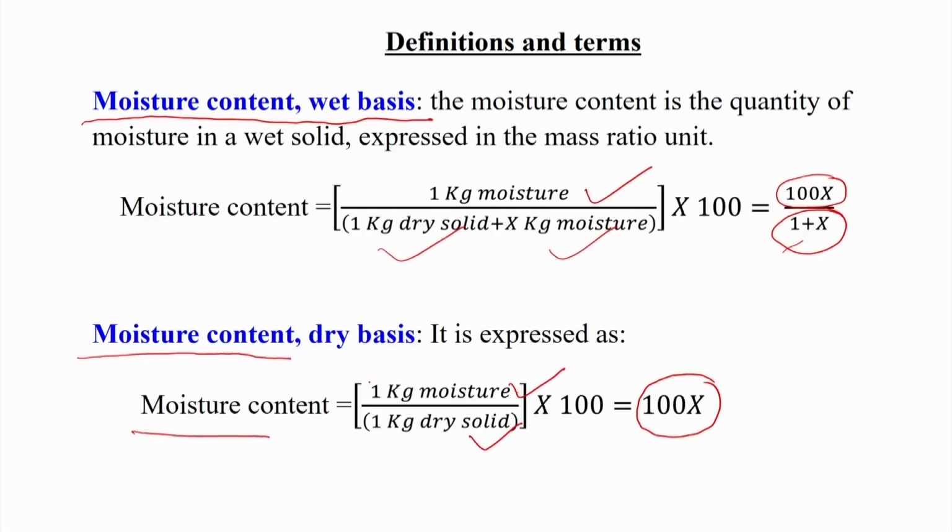It is x kg moisture per 1 kg dry solid. So, x kg moisture is the total amount of moisture present there, and that is why it is always 100 x. It will not change for any type of drying operation.